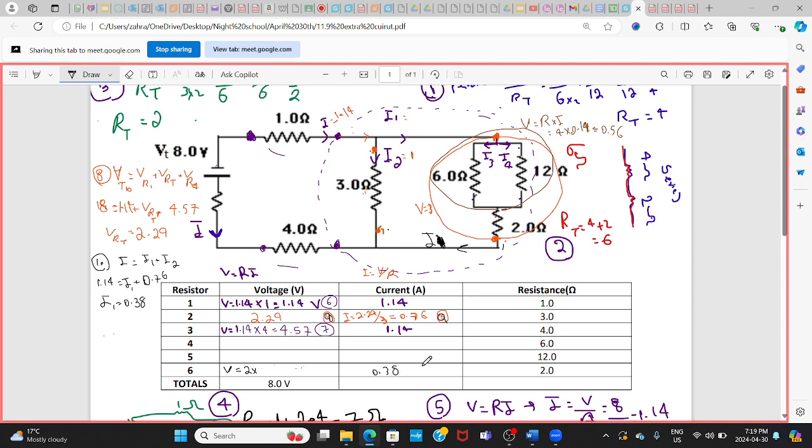This is coming from step 10. Now I can find the voltage across this 2 ohm by just saying that V is equal to R times I: R is 2, I is 0.38, so V is 0.76.